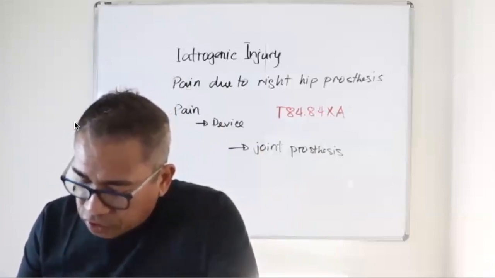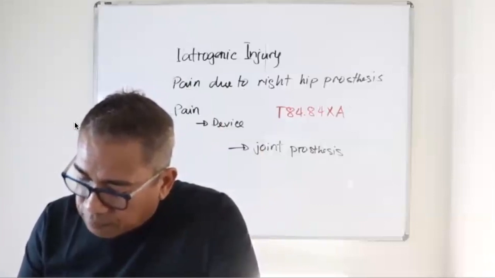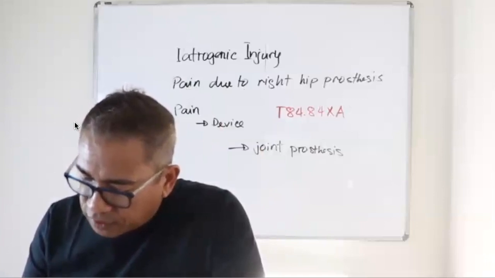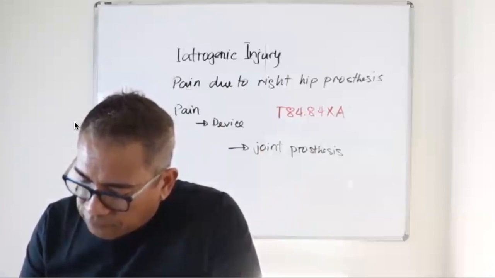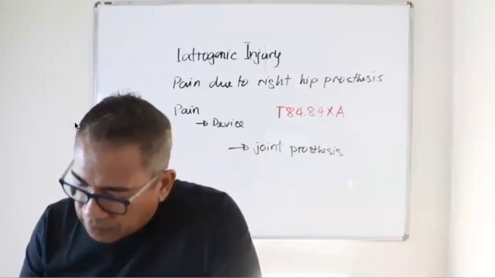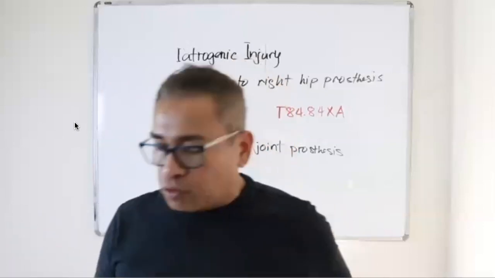And there is an additional note saying use additional code to identify other transplant complications such as graft versus host disease, malignancy associated with organ transplant or post-transplant lymphoproliferative disorders. It's kind of like a tongue twister there.